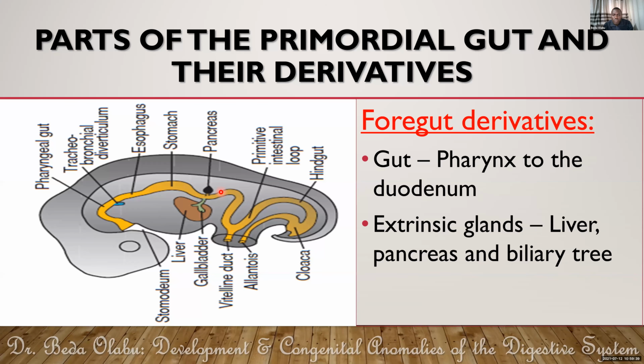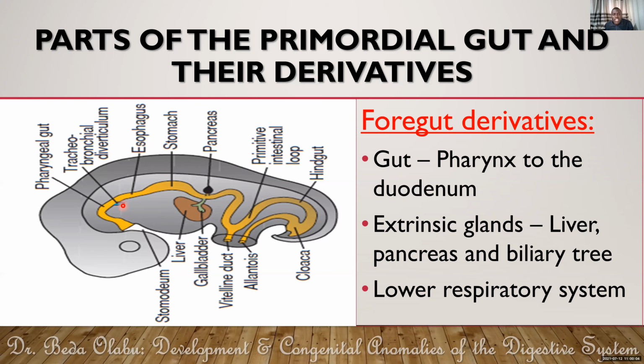However, again, from your previous lectures, I am not so sure whether I'm the one who gave that, but you've had it, that foregut also gives rise to the lower respiratory system. This thing here we are seeing that's being called tracheobronchial diverticulum, the blue one, is also called the respiratory diverticulum.